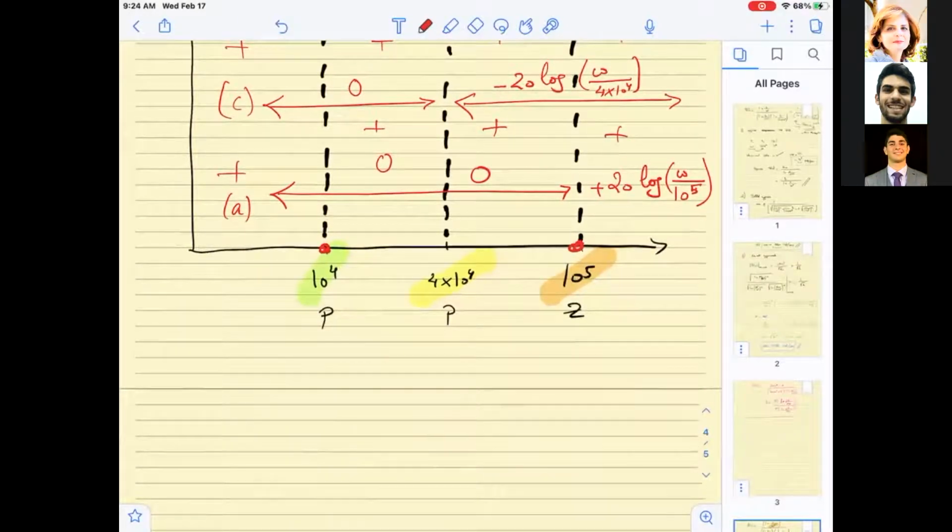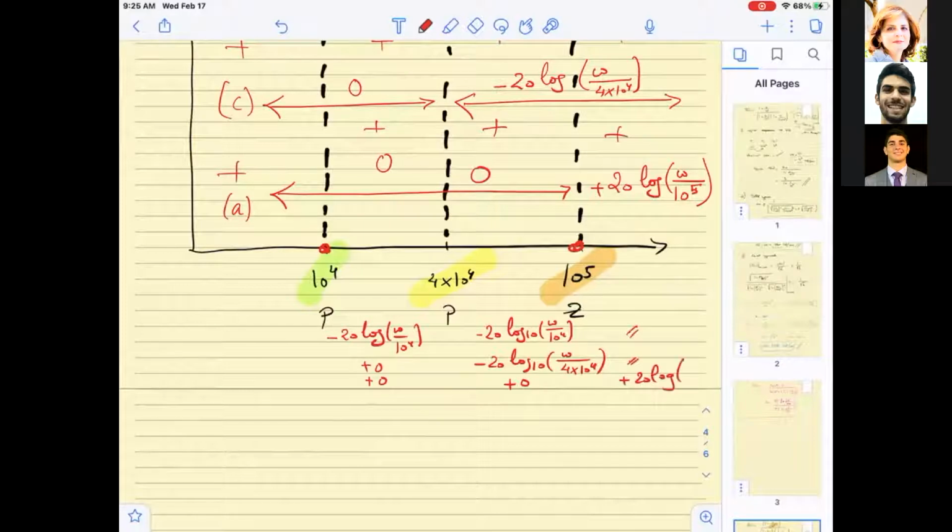So here I had minus 20 log of omega over 10 to the 4 plus 0 plus 0. And here I had the same term, minus 20 log 10 of omega over 10 to the 4, but I added to it minus 20 log 10 of omega over 4 times 10 to the 4 plus 0. Here I had this term, and then plus 20 log of omega over 10 to the 5.